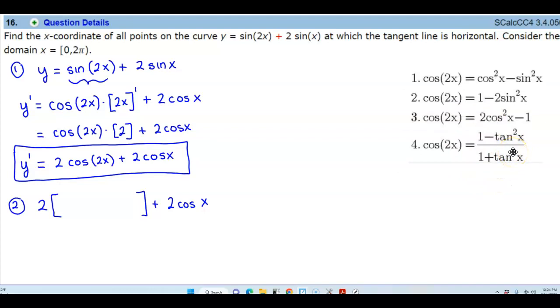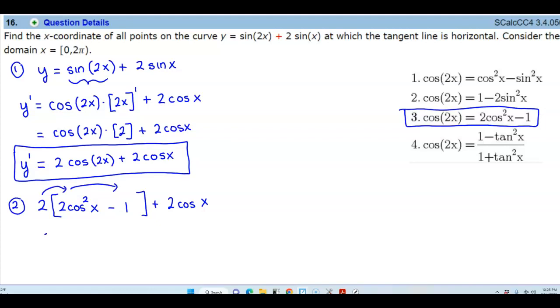What we want to do is use number 3. So we're going to replace this to be 2 times the cosine squared x minus 1. And the reason why we're going to do that is we're going to be able to rewrite this into a factoring form so we can figure out what those values are. So the next thing we're going to do is distribute this 2.